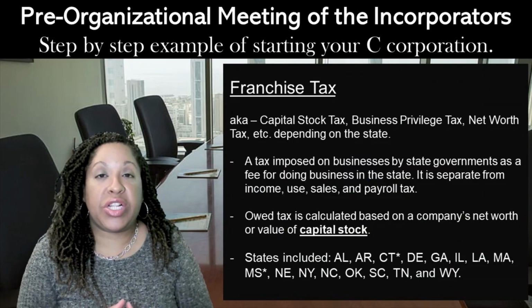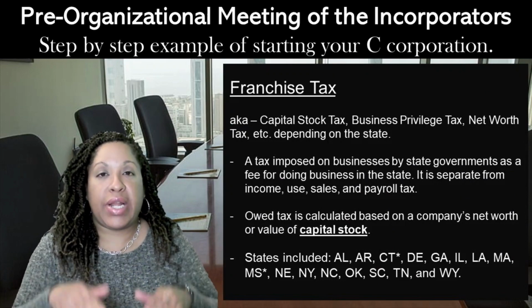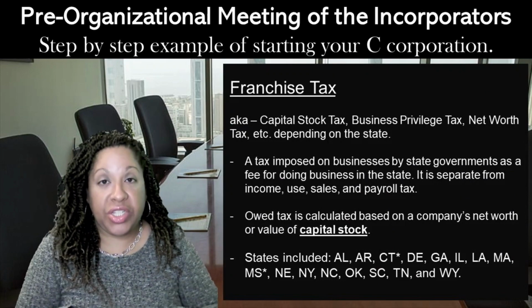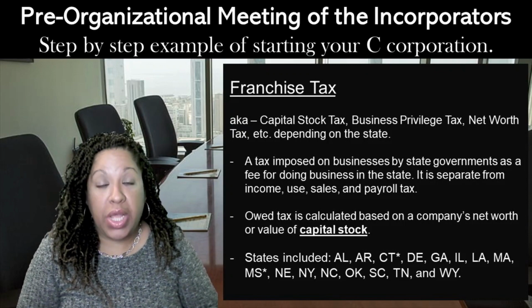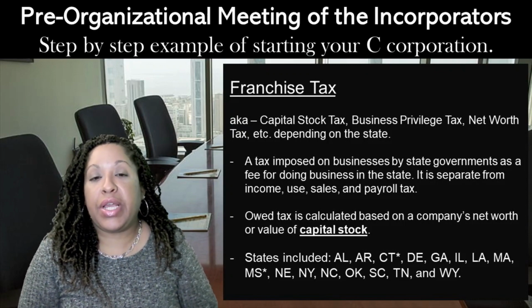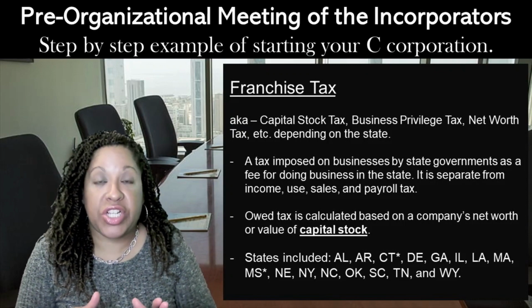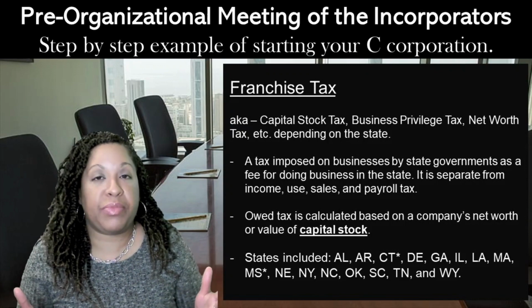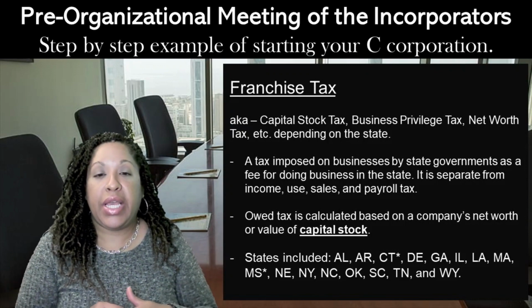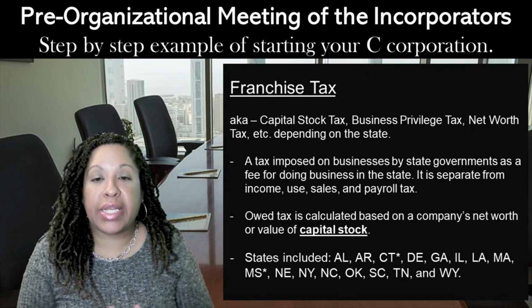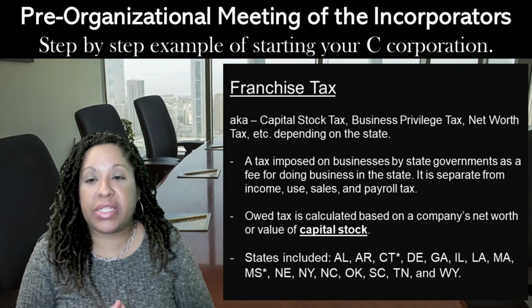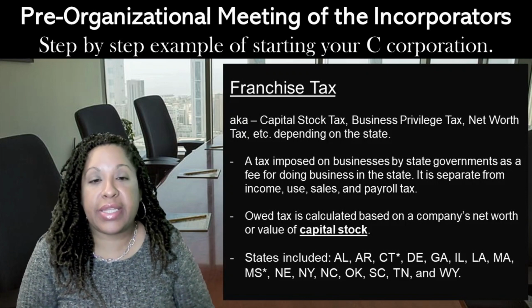As I mentioned before, franchise tax. So again, when I said keep the authorized shares for common stock low, it's because depending on the state you're in, you will have to pay what's called franchise tax, and it can be called something else. There are other names for it. It's also known as capital stock tax, business privilege tax, net worth tax.